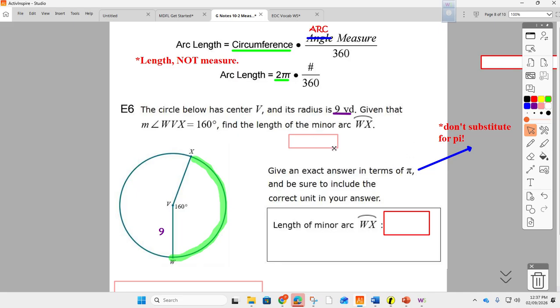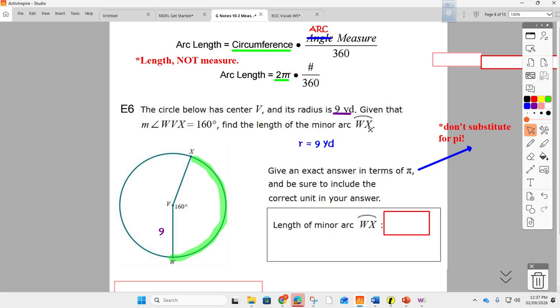The question says that the circle below has center V, so that makes this circle V, right? And its radius is 9 yards. Given that the measure of angle WVX is 160 degrees, find the length of the minor arc WX.